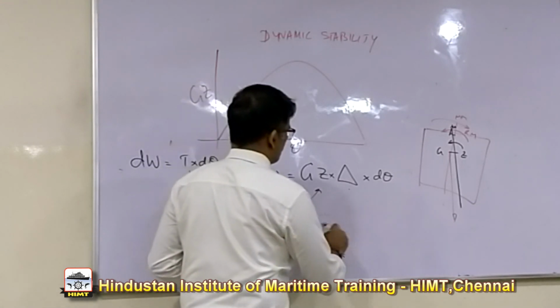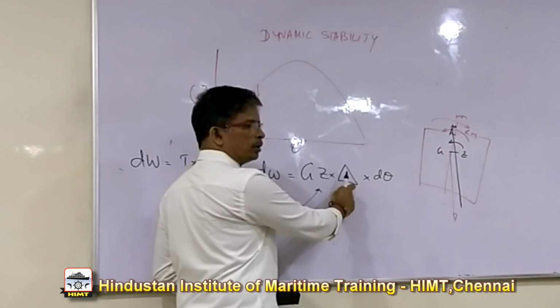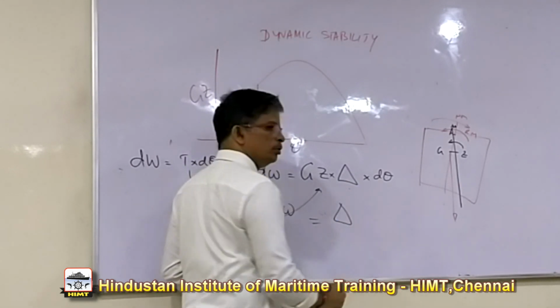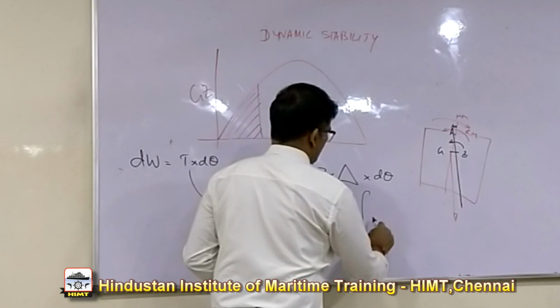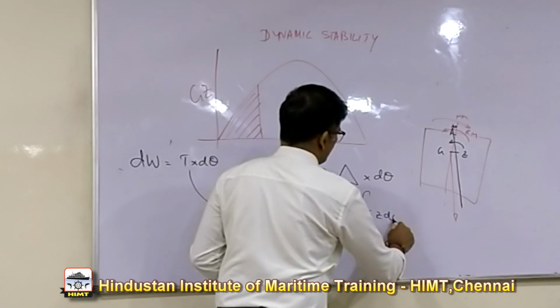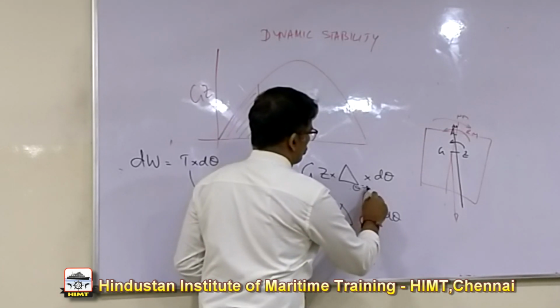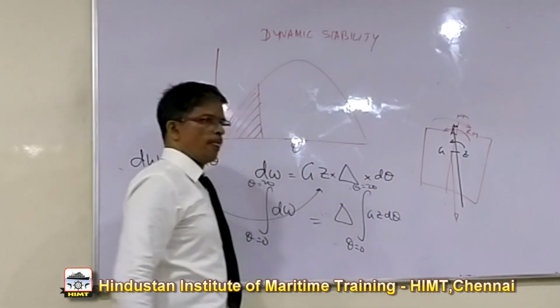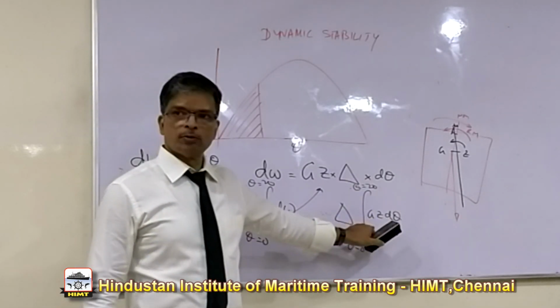So what are you going to get here? Out of these two, which is constant? Displacement is constant, so you can pull that out. GZ is not constant. So you get the integral of GZ d theta from 0 to 20. GZ is not a fixed value, it is a variable.